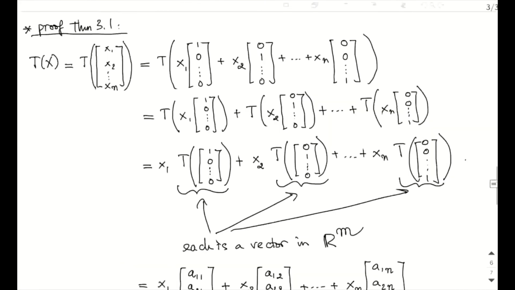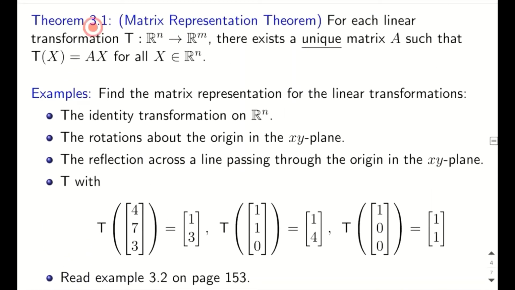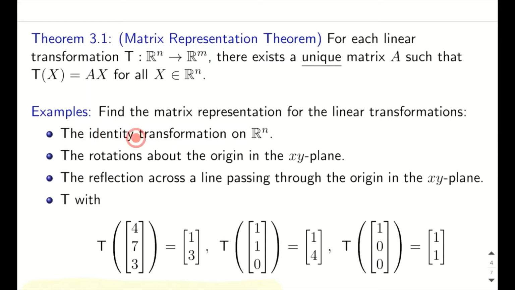Next, let's consider several examples of how we are going to use theorem 3.1 to find the matrix representation for these transformations here. Right? We have 4 examples, and the last one I asked you to read at home. Identity transformation on Rn.